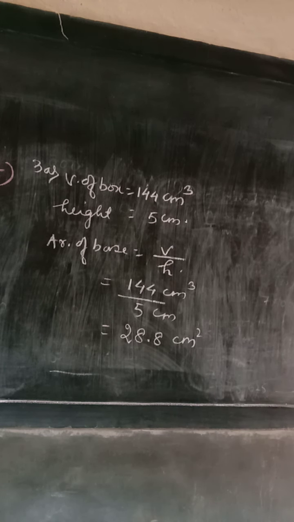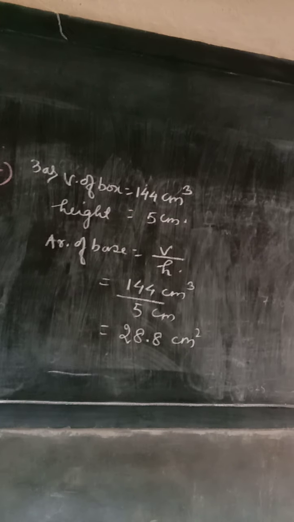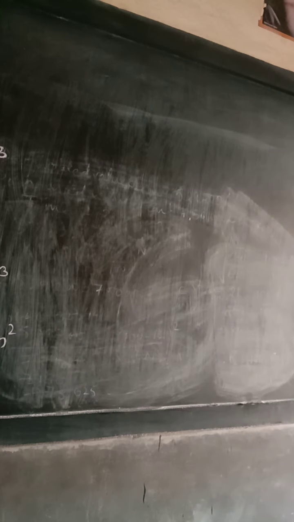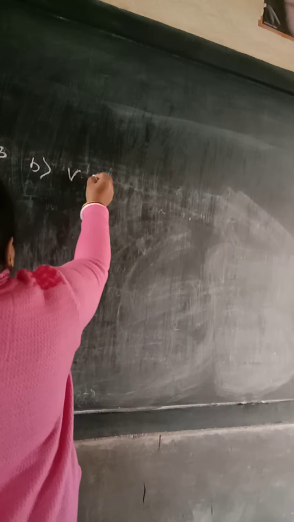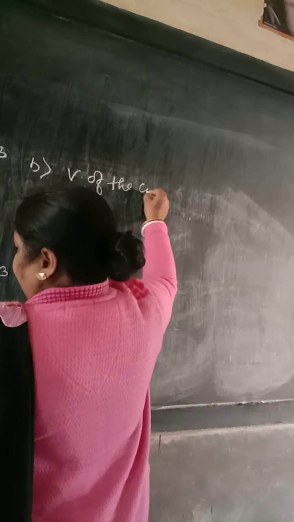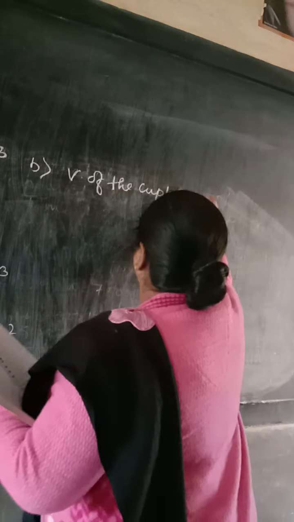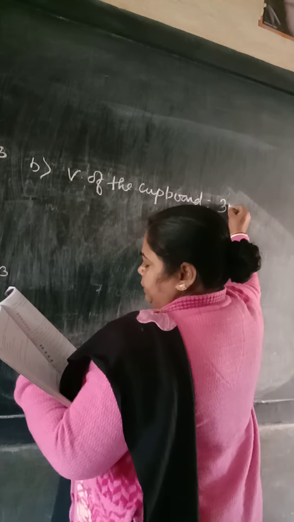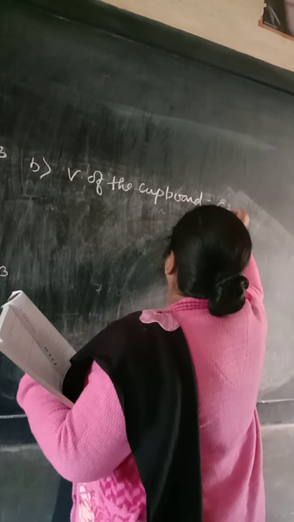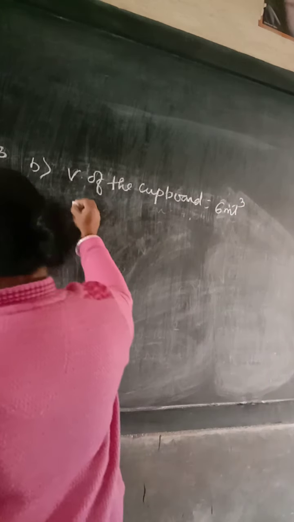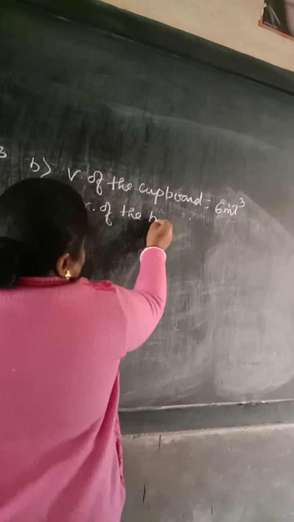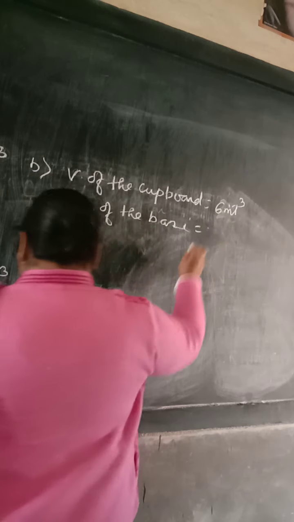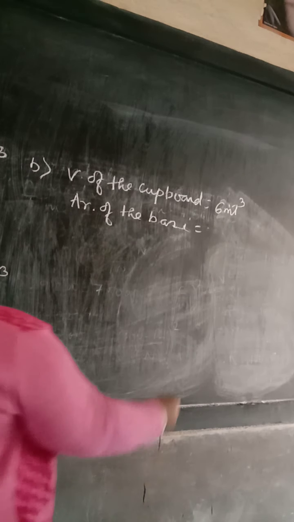Now in question B, you are given the volume and the area of base, and you have to find the height of the cupboards. Volume of the cupboards is 6 meter cube and area of the base is 3 meters square.